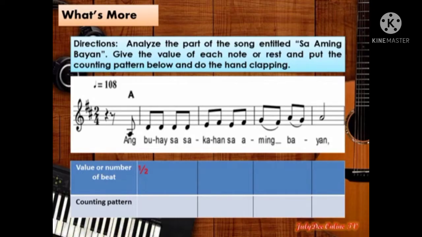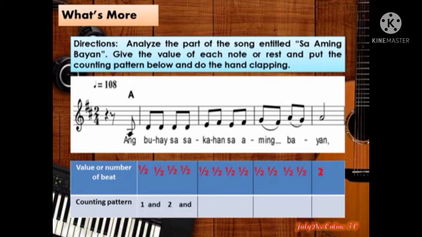The value or number of beats of each note is: for eighth note, we have 1/2 beat, and for half note, we have 2 beats.